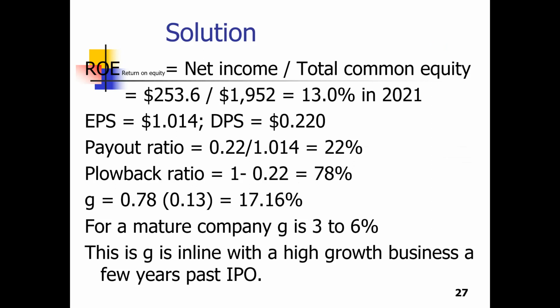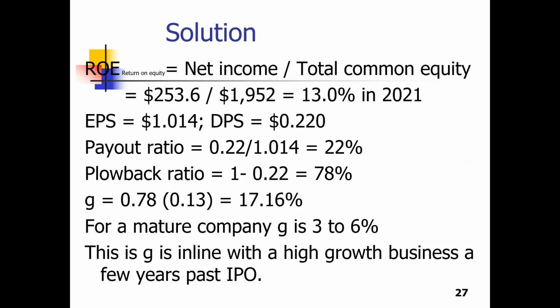So we can calculate payout ratio. Payout ratio is 22 cents or 0.22 divided by 1.014 or earning per share, and it's 22%. The rest of it is retained, or if 22% is payout ratio, 1 minus 0.22 equals 0.78 or 78% is plowback ratio.